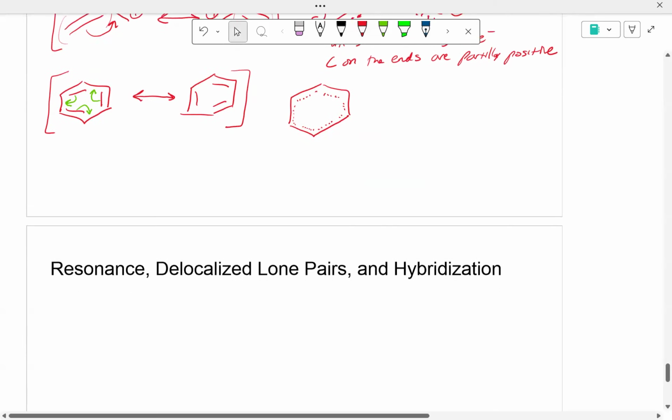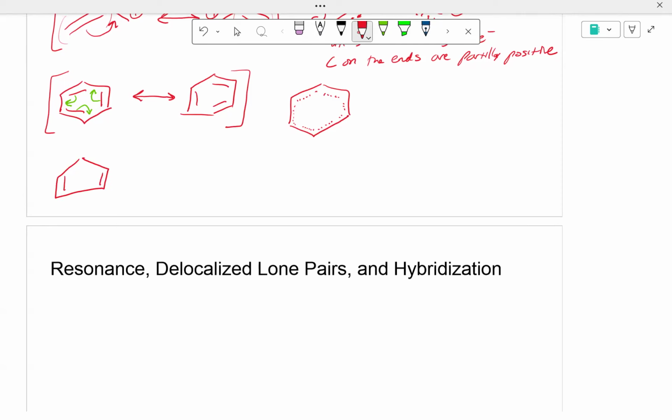Let's look at one more example here. Now this is going to be a pretty complex one. We're going to draw a lot of resonance forms here. Notice we have an allylic carbocation. I'm going to start here and move those pi electrons towards that carbocation.